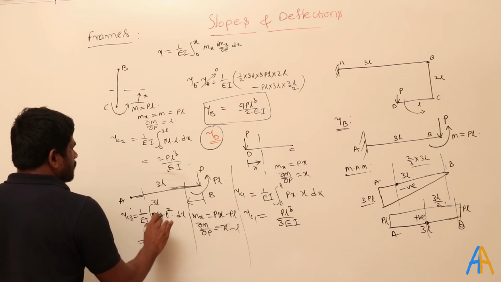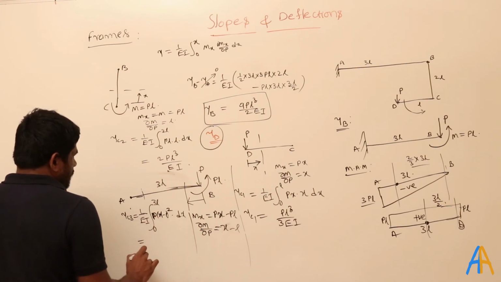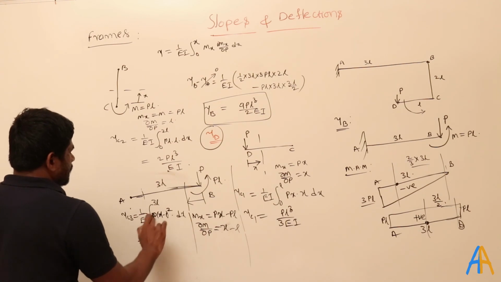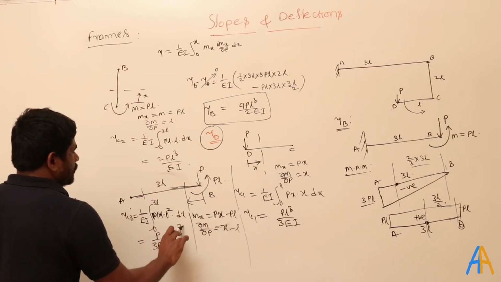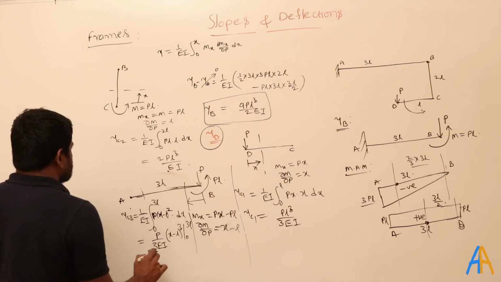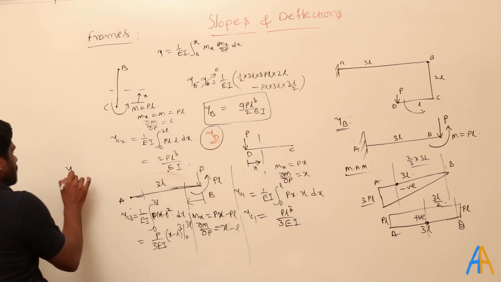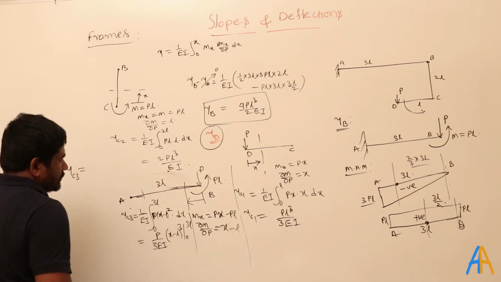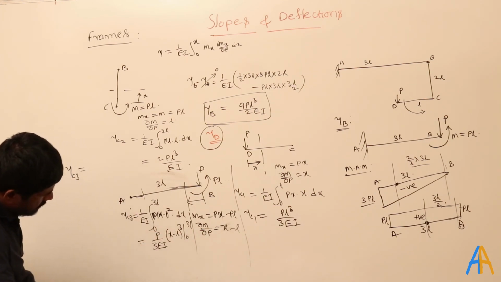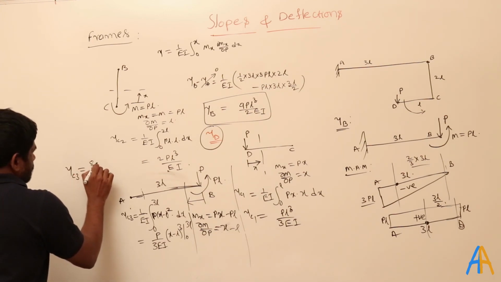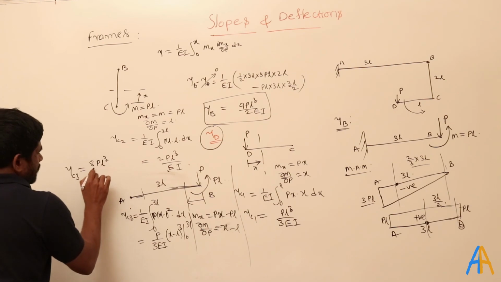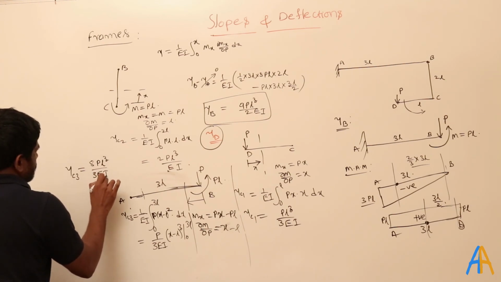Then when I integrate, 1 by 3EI P into (x minus L) whole cube from 0 to 3L, that means yc3 is how much? If I substitute, 3L minus L is 2L, it will become 8PL cube divided by 3EI.